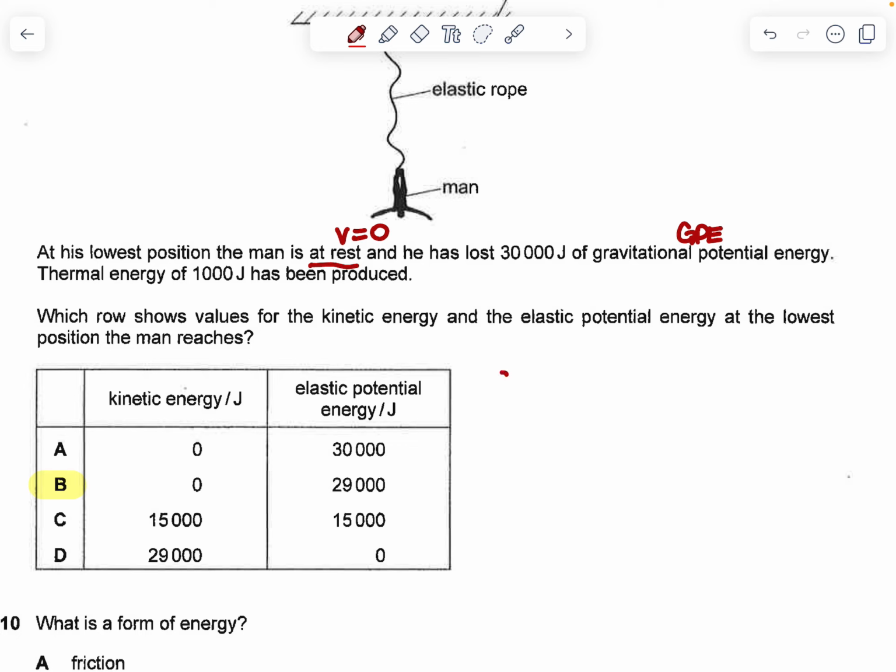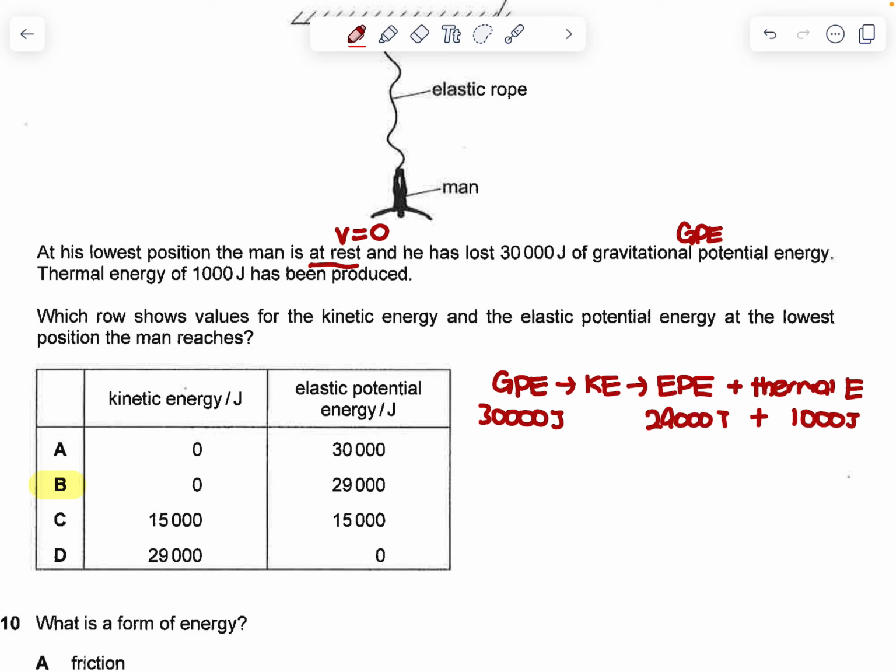So let me write the conversion. Gravitational potential energy at the start is converted to kinetic energy as he falls through the air, and after that stored as elastic potential energy plus thermal energy. So in the question, we know that 30,000 joules of energy initially will be converted to 1,000 joules of thermal energy, which means elastic potential energy is 29,000 joules.